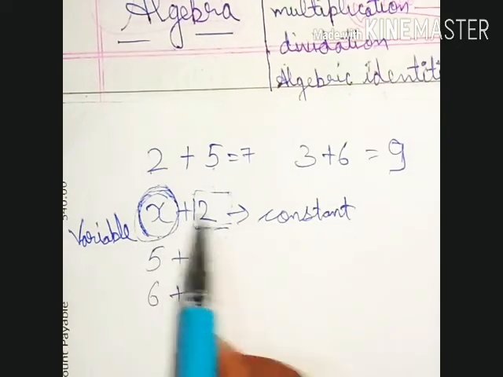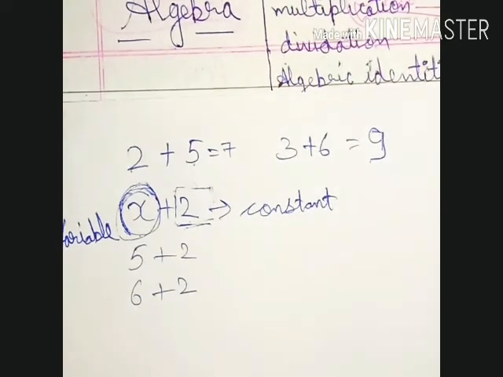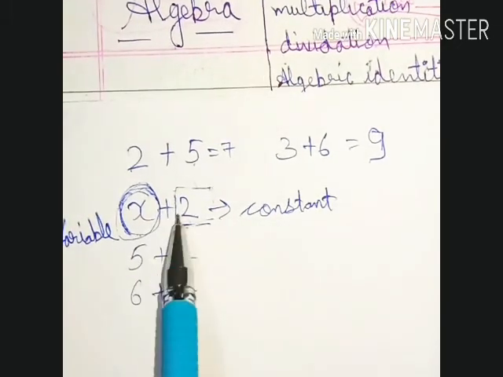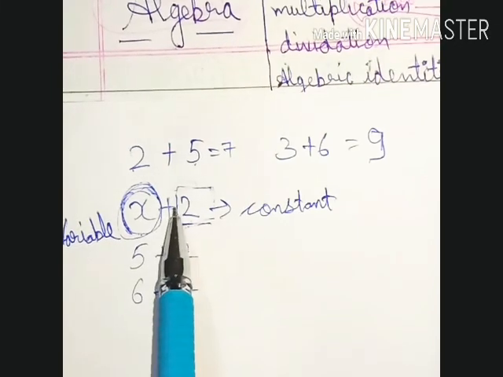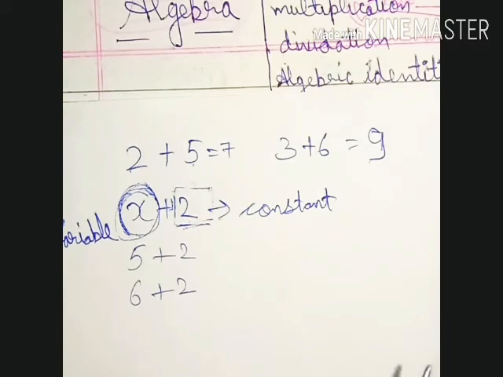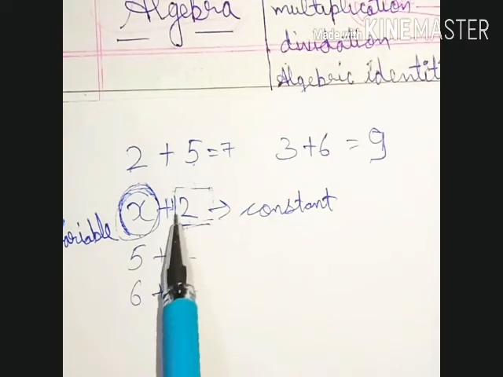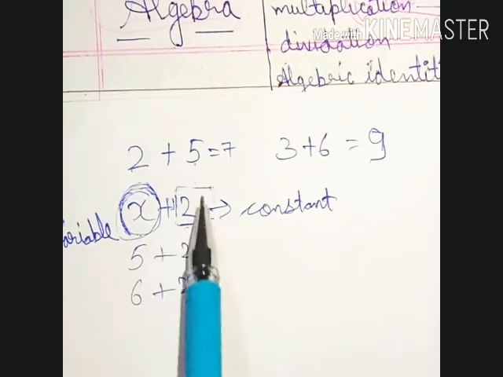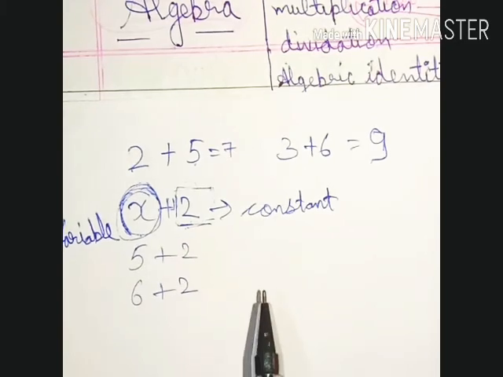So these are variables and constants. If we apply any algebraic operator between a number of terms, it will become an algebraic expression.